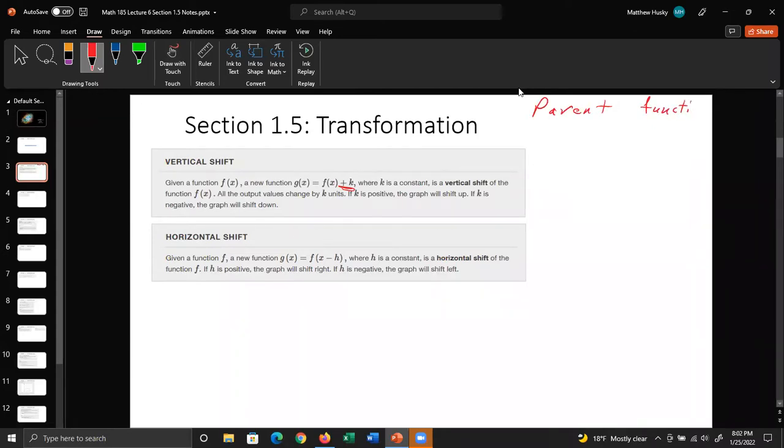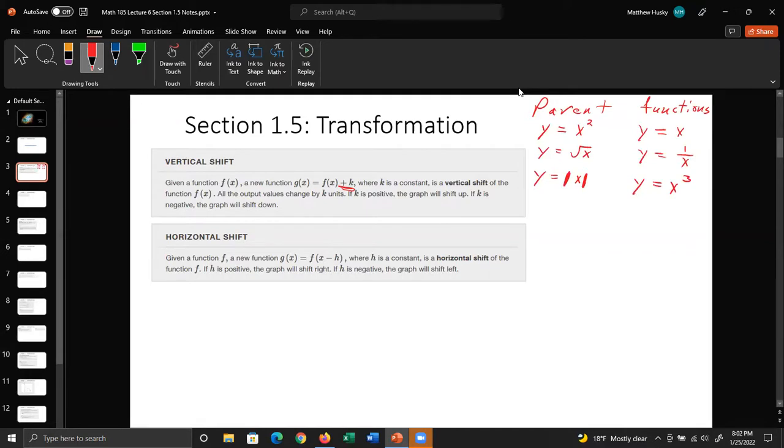There's all sorts of parent functions you can have. So you can have like y equals x squared, y equals root x, y equals the absolute value of x. You could have just y equals x, that would be a line. You could have y equals 1 over x. You could have y equals x cubed. There's lots of different formulas that you could have that are considered parent functions.